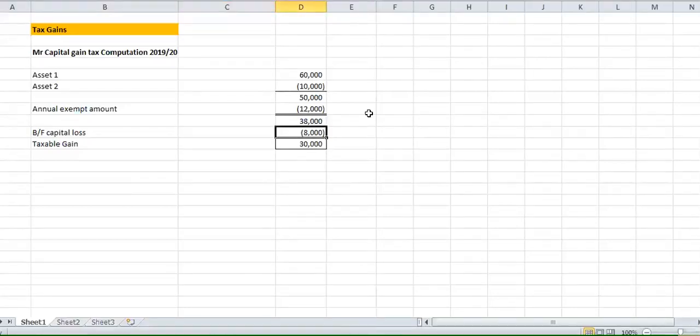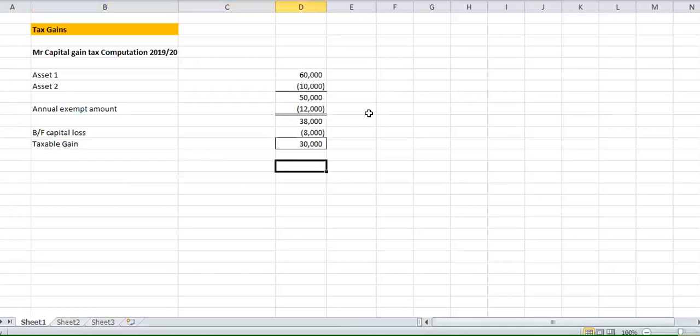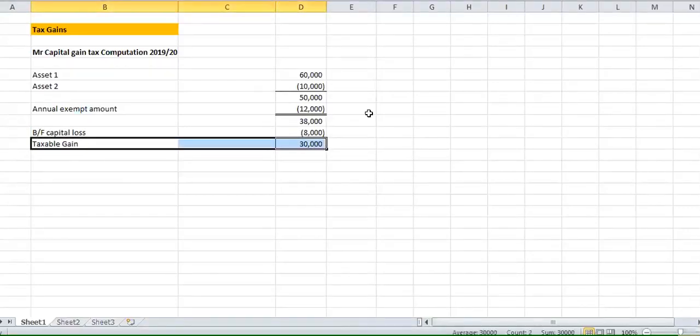So we have deducted the brought forward loss. So now we have a capital gain of £30,000. We have to pay CGT on this £30,000 because we have a taxable gain. And whenever you have a taxable gain, it means you are going to pay tax.